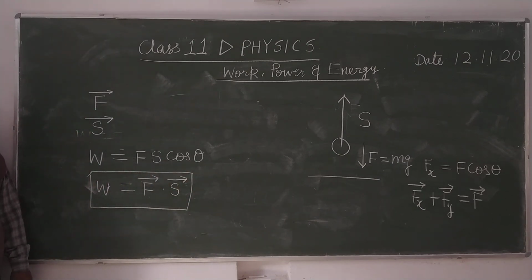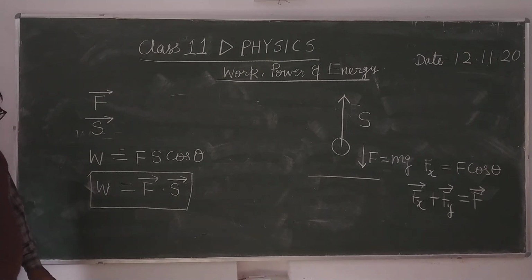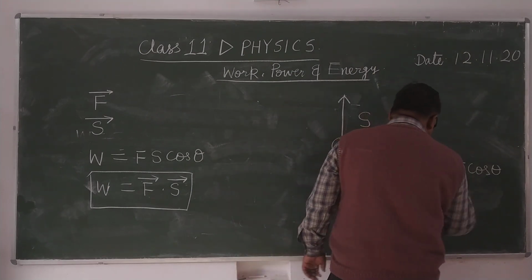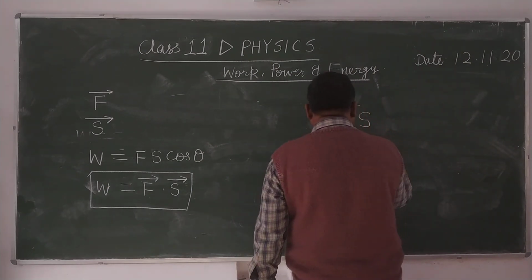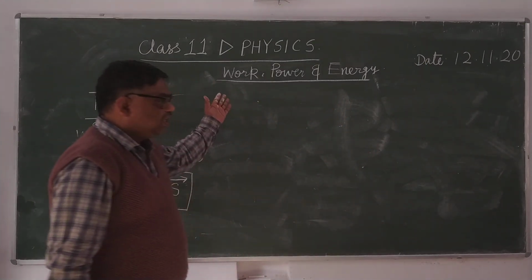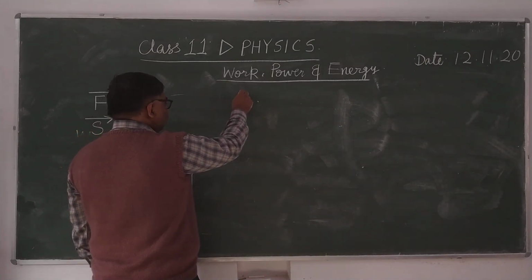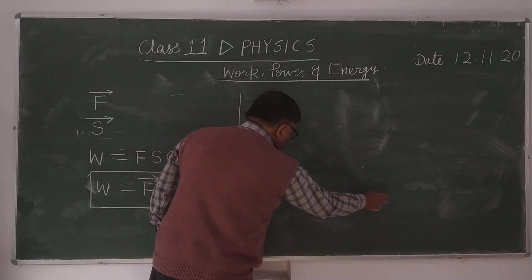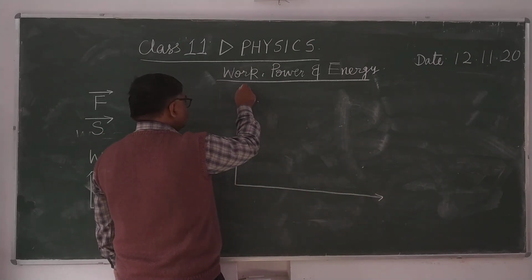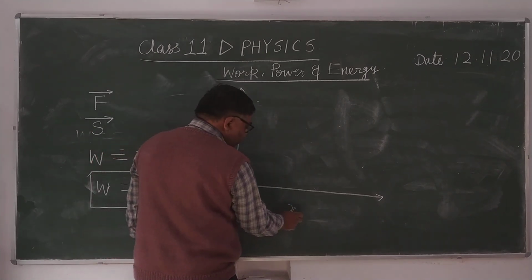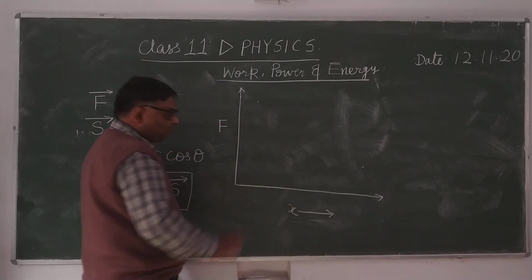Now if you have to calculate work done by the graphical method, how do you calculate the work? Suppose there is an F versus x graph. Here you can see this is F, and here we have taken displacement in the direction of force.